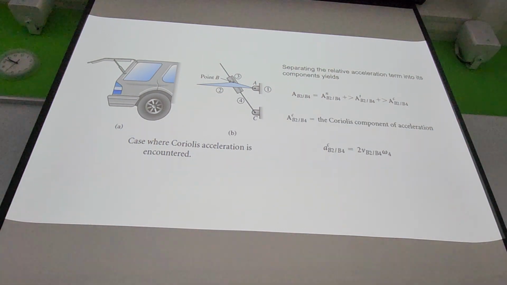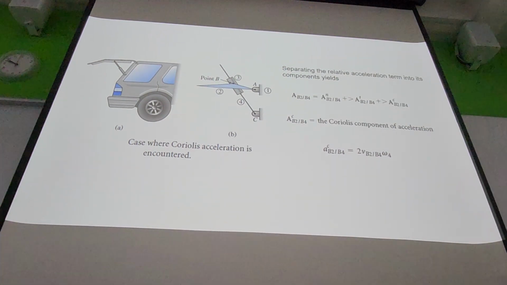So this is point B, which is connected to link 2 and also link 4. The Coriolis acceleration is 2 times the relative velocity, 2v B2 to B4. This is the relative velocity of point B on link 2 and link 4, multiplied by the angular velocity of link, omega 4.